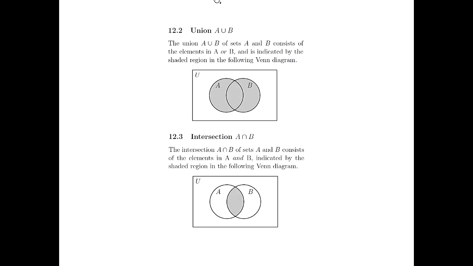So our first operation on sets is the union, right? The union of A and B is the set of all things that are in A or in B. It's tempting to think this is sort of an and because it feels like putting them together, but the better way to think about it is that this is an or.